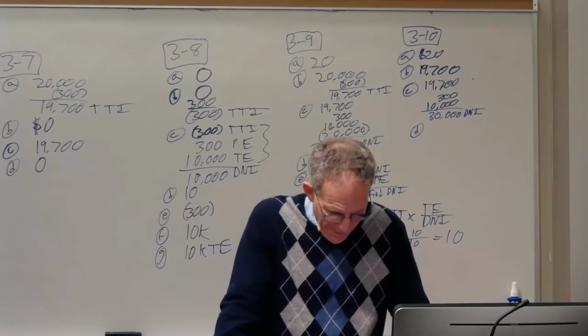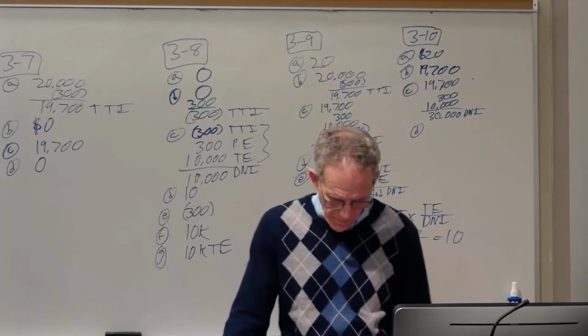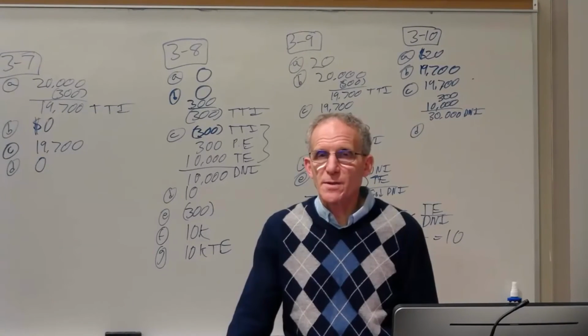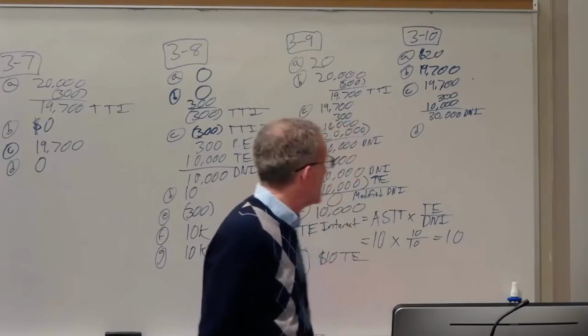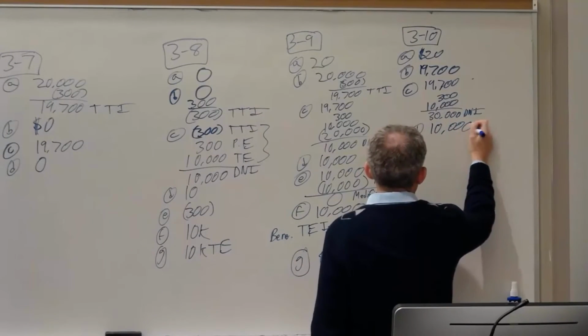Right? Why? I think that 20,000 isn't included. Yeah, it's not under state law, the governing instrument, it's allocable to principal. Right? So the fiduciary accounting income is $10,000, right? That's how much the beneficiary can demand.